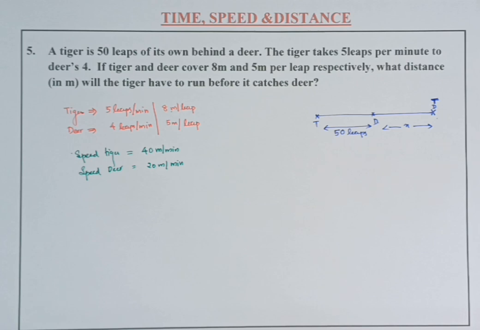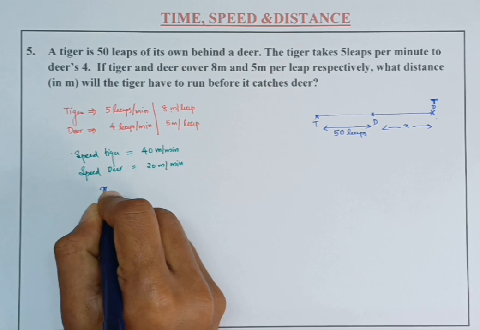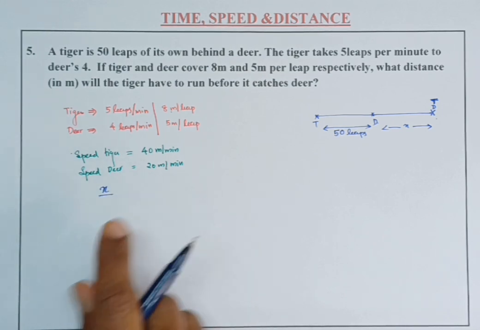Now the question is very simple. The deer will be traveling a distance of x and it is moving with the speed of 20.